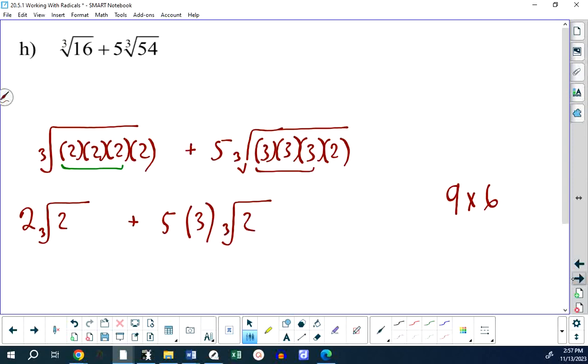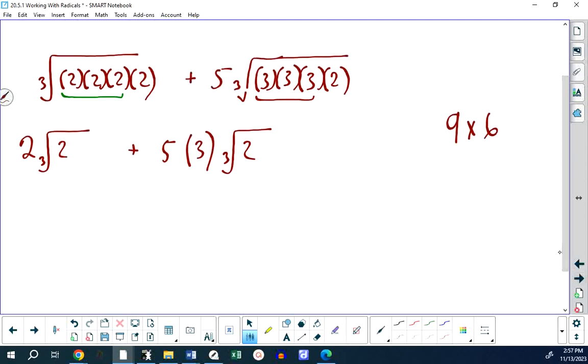There's our like terms. They are numbers of cube root 2's, specifically 17, because this is 15 cube root 2's. You know, other than the restrictions and the fact that we're dealing with cube roots and fourth roots, etc., which admittedly is a big deal, this is just applying what you learned in Math 10.